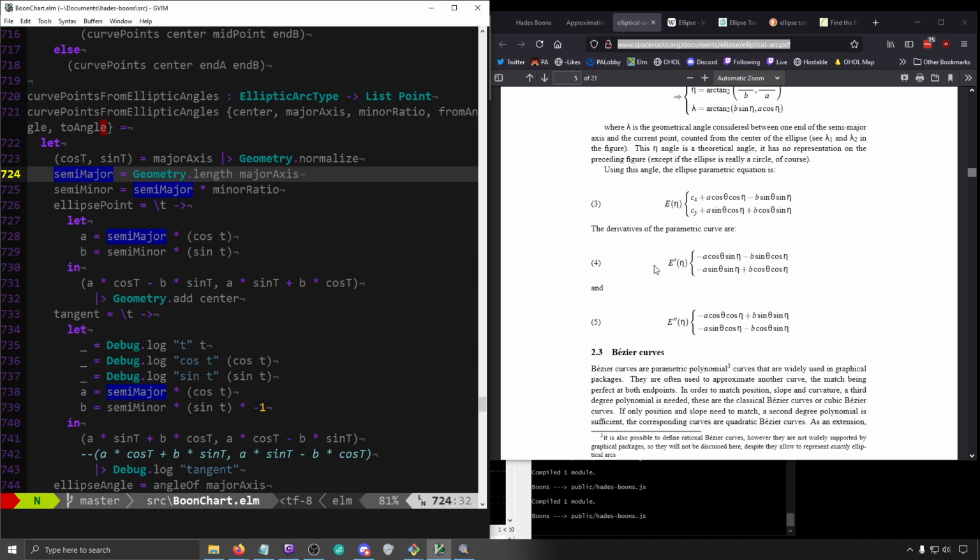Time for lighting adjustments. Now you see I did t here because it was theta.